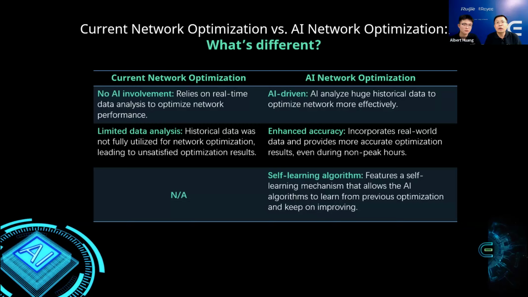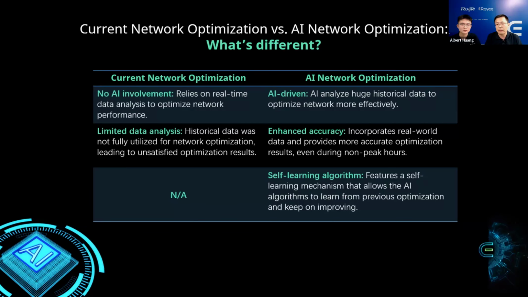And the second one, we also improve the accuracy of the optimization. Because in the traditional solution, when we do Wi-Fi optimization, we can only do it in real time. So if it is peak time and you want to do Wi-Fi optimization, the network will become unstable, because when the channel changes, the connection will be lost and need to connect again.